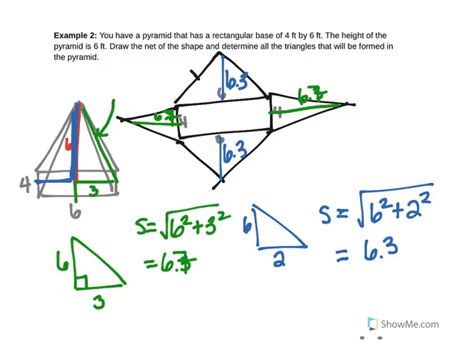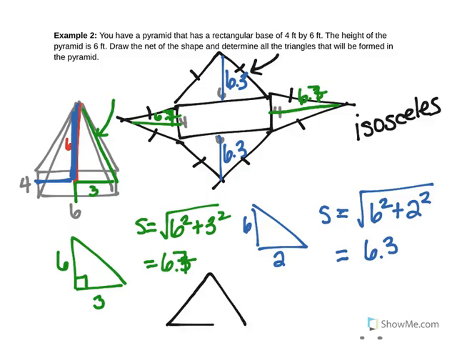And the reason is that all of these sides are going to have to touch because they meet up to make this pyramid. So they are all isosceles. If we want to find that length, we just have to do it with one of the triangles. It doesn't matter. So let's look at this one right here. We only need to look at half of it. So we know it's 6.3.